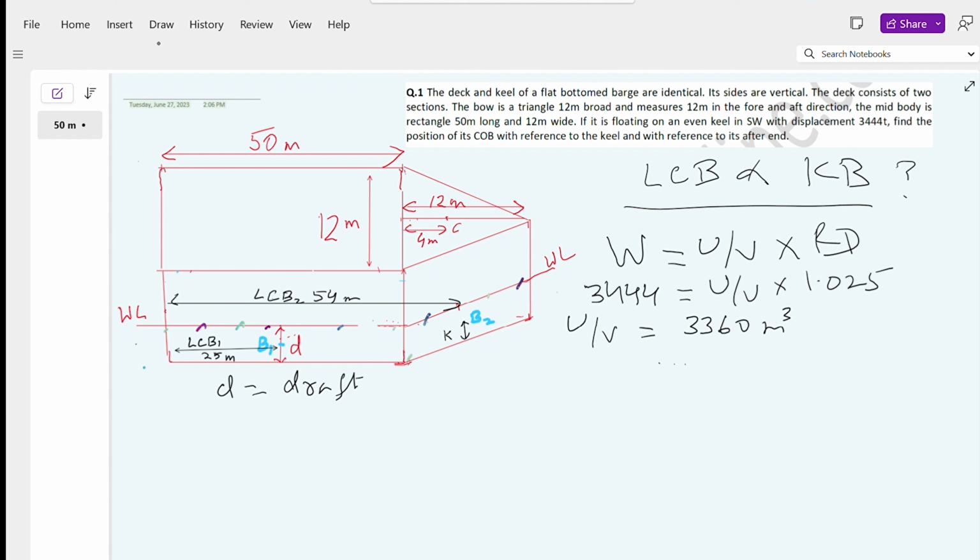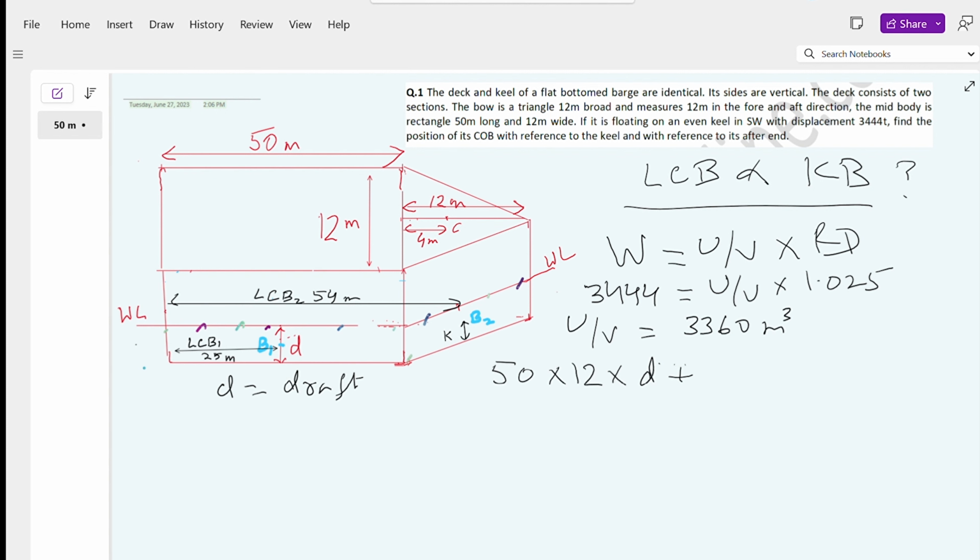Rectangle, even keel and rectangular shape, what will be the formula for the volume? Length into breadth into draft. So for the rectangle it will be length into breadth, 50 into 12 into draft. That will be the underwater volume below the rectangular section.